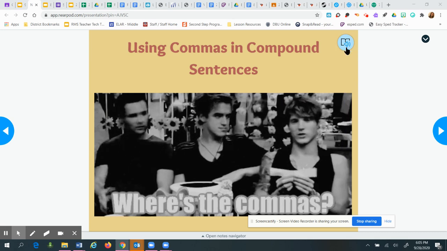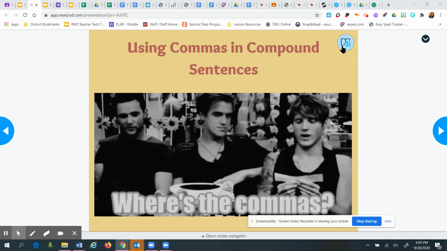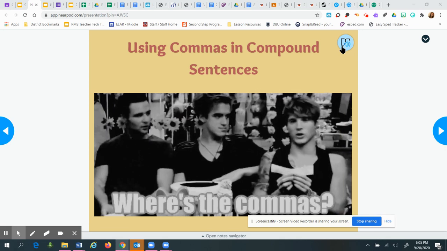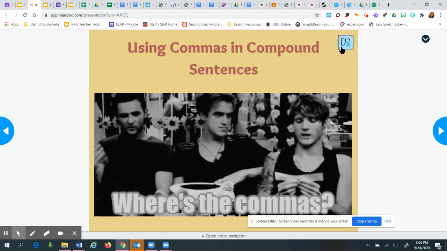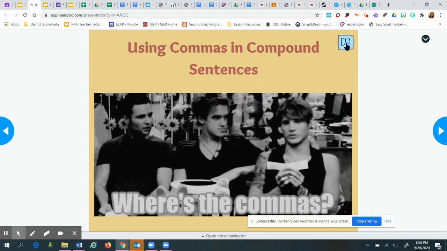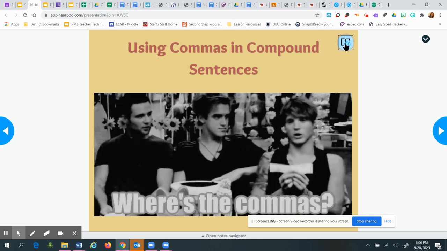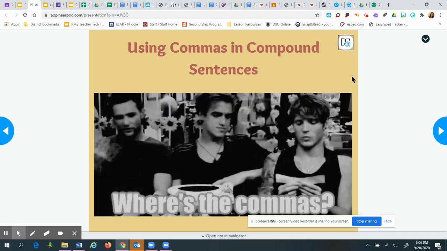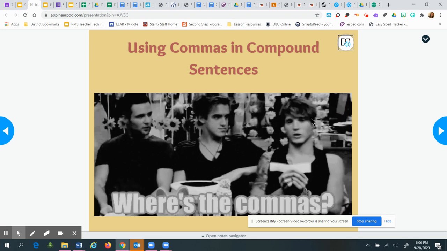It's called an emergent reader. If you see this little icon up here, it will read to you what this says. So if you are having trouble with any part of this, you can click on one of those emergent reader icons. It's taking a minute, probably because I'm presenting. Maybe we'll do it on another slide that's more complex.